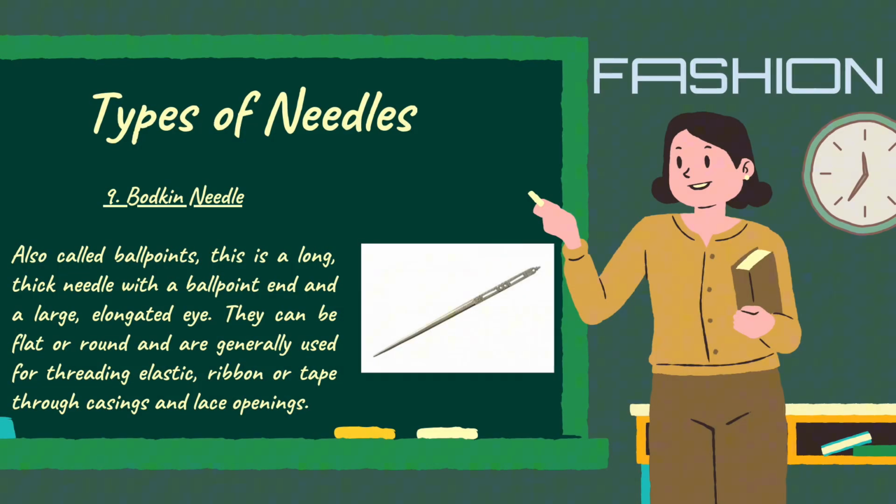Next is the bodkin needle, also called ballpoints. This is a long, thick needle with a ballpoint end and a large elongated eye. They can be flat or round and are generally used for threading elastics, ribbon, or tape through casings and lace openings.